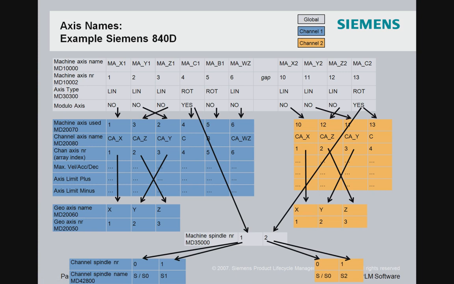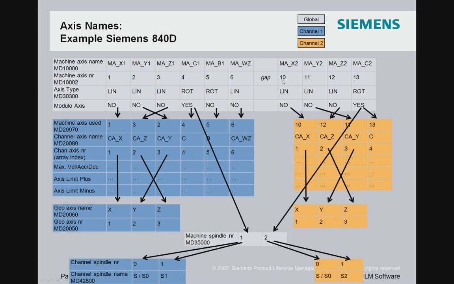So these are really global axes that are available across channels, so these are really independent of the channels. That lists all the axes that can be controlled by the 840D. On the 840D, that is limited to a maximum of 32 axes. On the simpler versions, probably even, I think it's 20 or so. But at maximum, these are 32 axes.